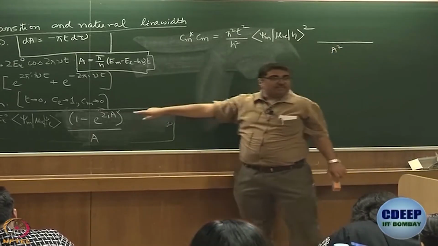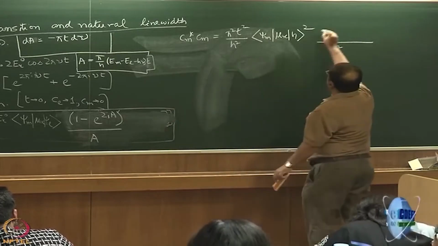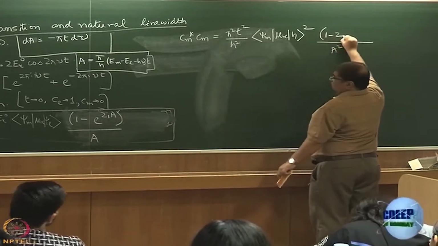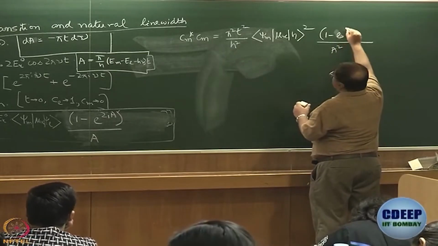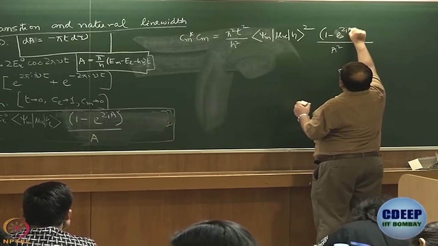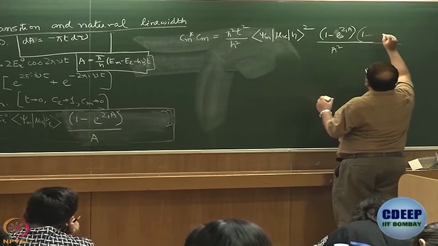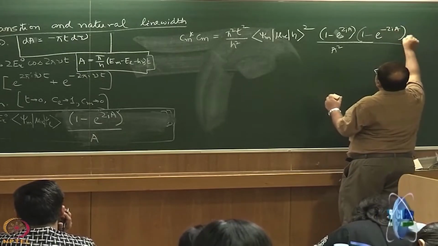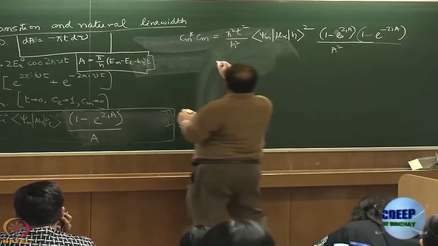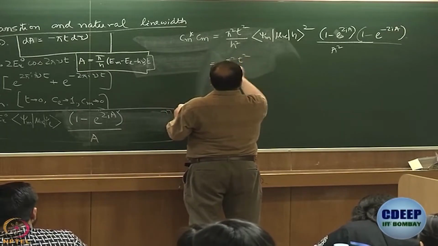Don't forget, we have a complex number here, so we have to multiply it by its complex conjugate. So 1 minus e to the power 2ia multiplied by 1 minus e to the power minus 2ia. That turns out to be pi square t square h square.